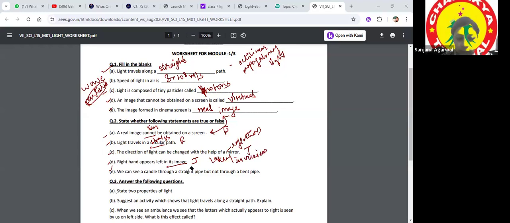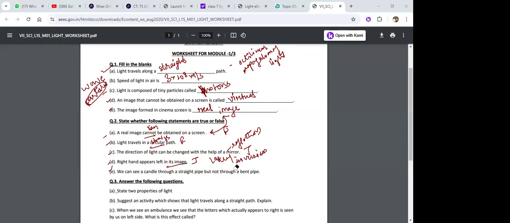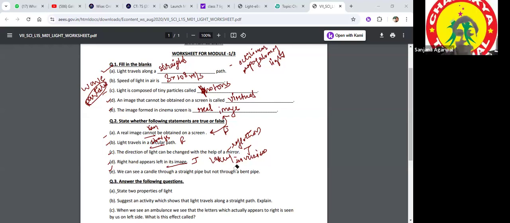Next, we can see a candle through a straight pipe, but not through a bent pipe. Ma'am, true. You are able to see definitely.